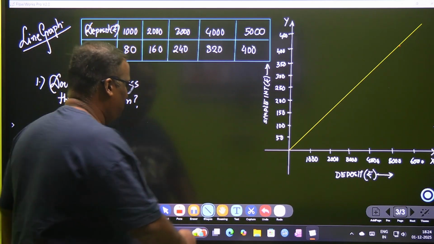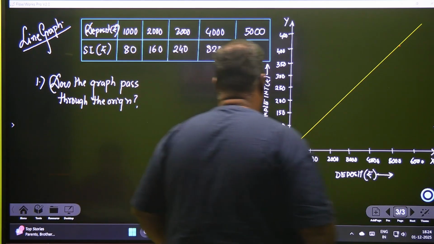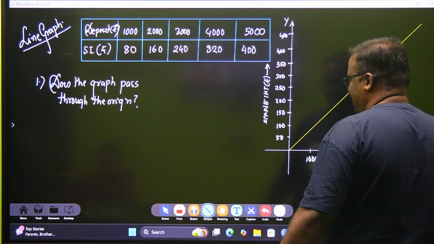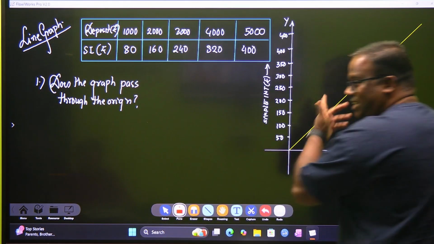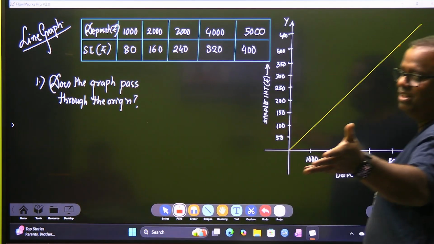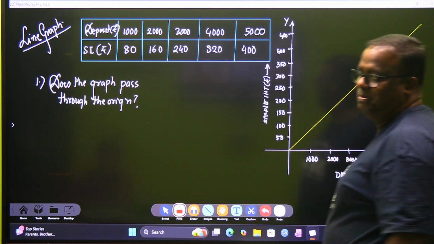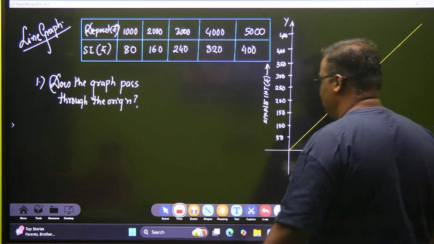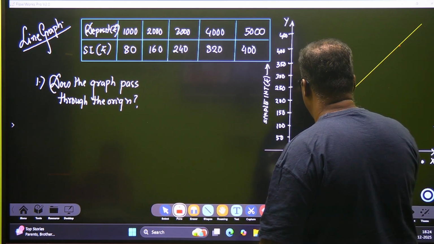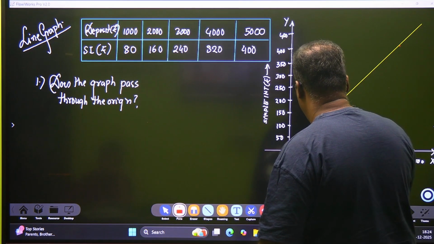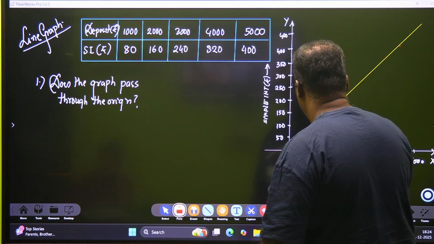At 80, how much is it, son? 100. Yes, understood? Yes, direct variation. That's it, that's mathematics. This is direct variation. At 80 it is 100, at 1000 it should be 80. See, exactly at 1000, at 80 that point will be there. So this is 1 point.